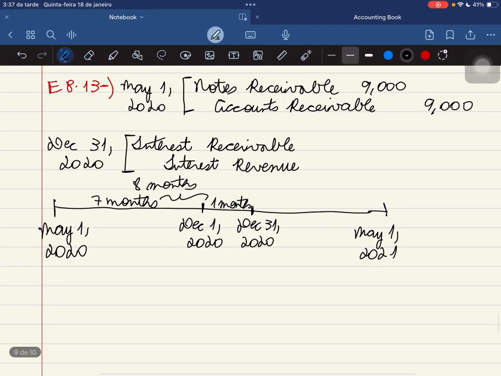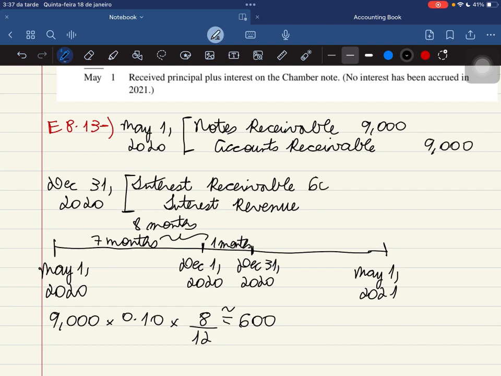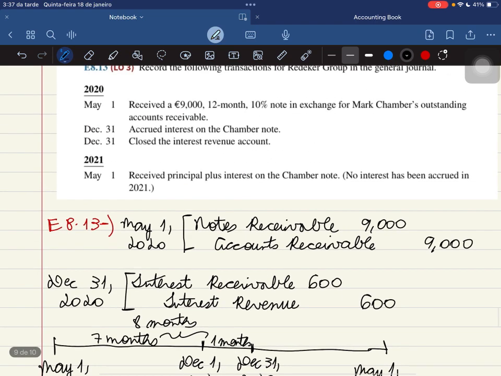So we're going to have 9,000 times 10% times 8, because 8 months have passed until December 31st, 2020, divided by 12. That is 600. So over here, we're going to have 600 for interest receivable and 600 for interest revenue.